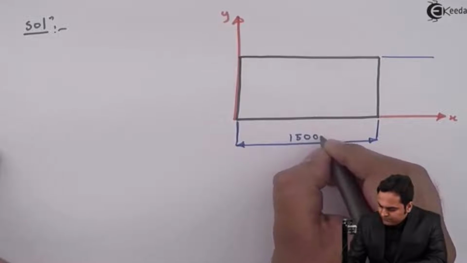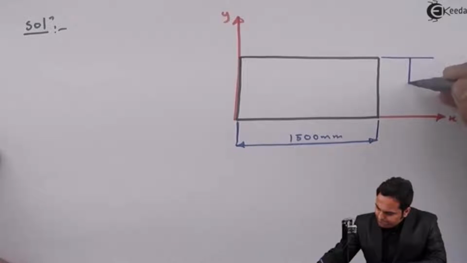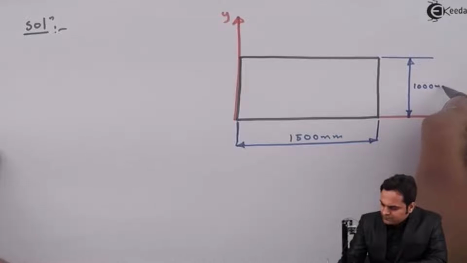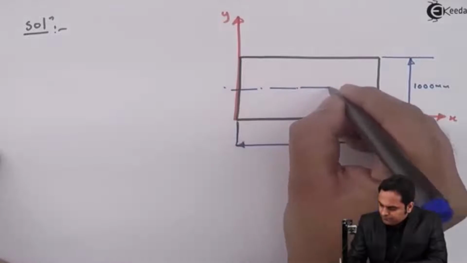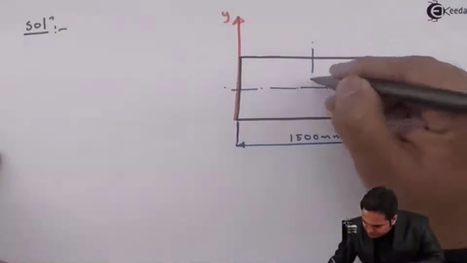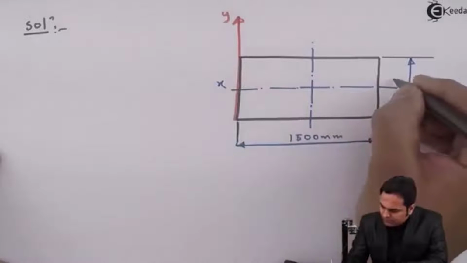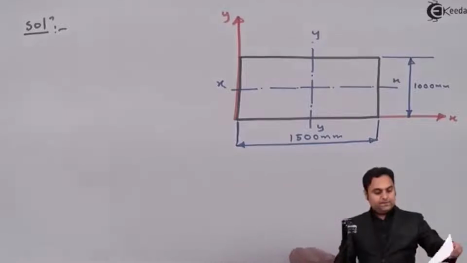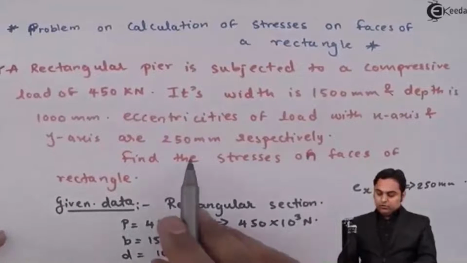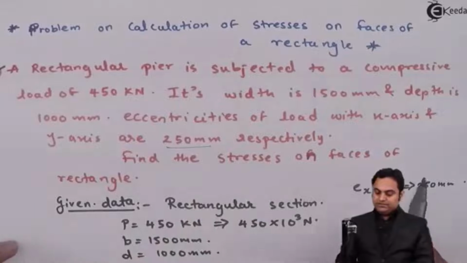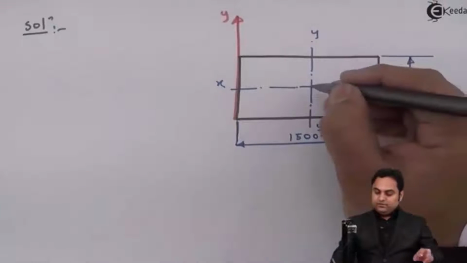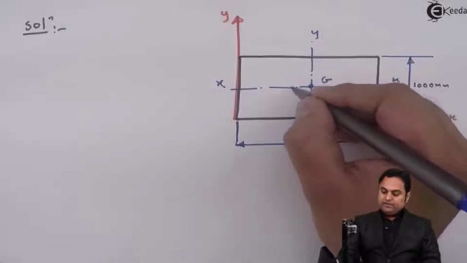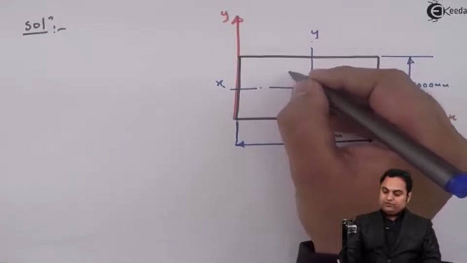This is 1500 with 1000 mm is the depth. Here we have x and y axis respectively. Now it is given that the load is placed at 250 mm. So the eccentricity is with x and y axis. It means it is with respect to the x and y axis forming at the centroid. So 250 mm from x upward, 250 mm from y.